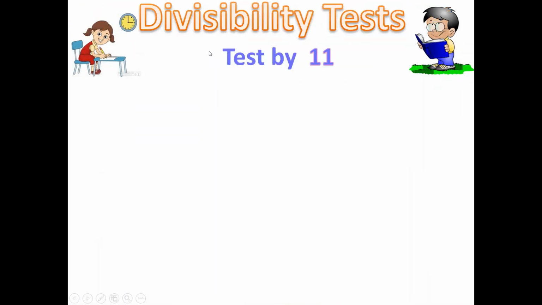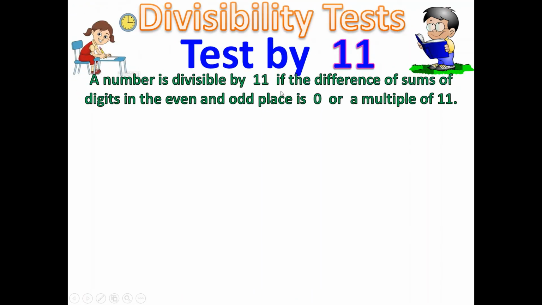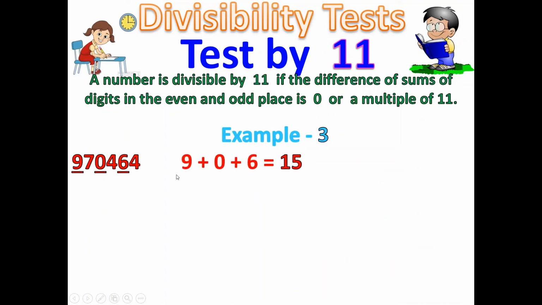Now we go on to the next slide, that is divisibility test by 11. A number is divisible by 11 if the difference of the sum of digits in the even and odd places is 0 or a multiple of 11. Now example 3. Now we take another example, that is 9,70,464.